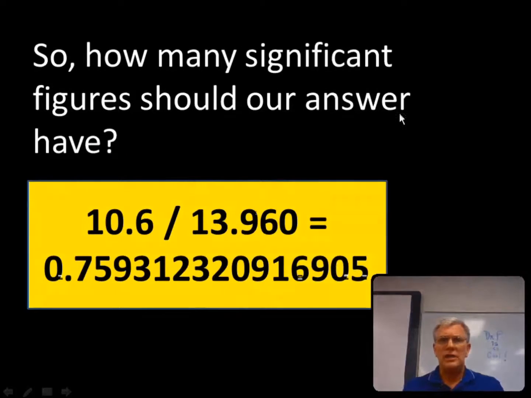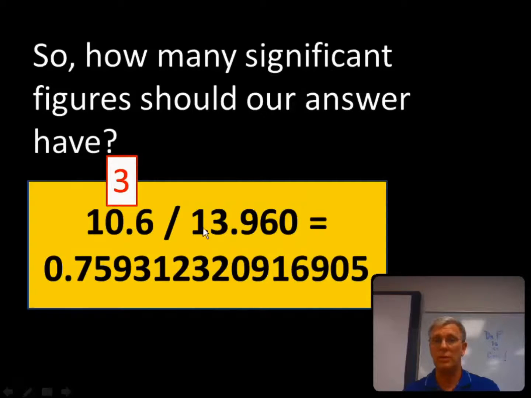All right, so how many significant figures would we have in our problem that we started with? This is the number that you would get from your calculator. This is a division problem, so our answer would be based on the number in the problem that had the least number of significant figures. 10.6 is the Pacific rule. 1, 2, 3 significant figures. 13.960 is still the Pacific rule.